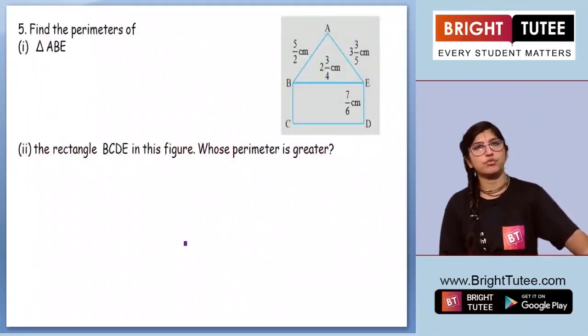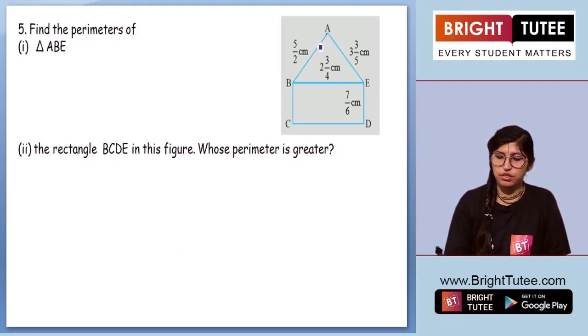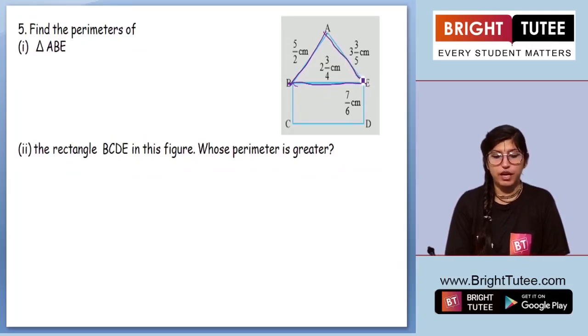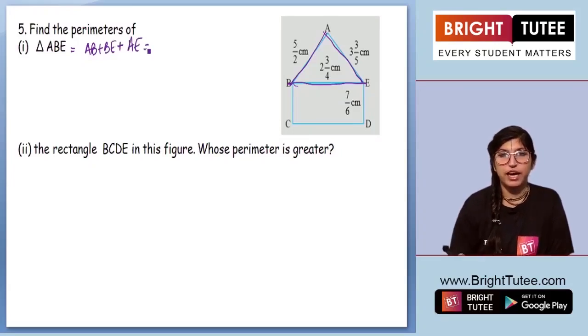Now let's move on to the fifth question. Now we need to find the perimeter of triangle ABE. To find the perimeter, we'll be adding the lengths of all the sides of a triangle.